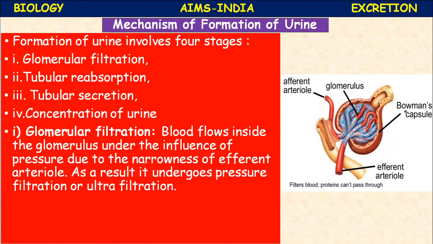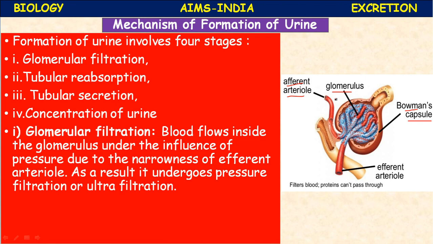So in the Bowman's capsule, the network of capillaries formed by arteriole, that called efferent arteriole will form the capillary network inside this Bowman's capsule, which is called glomerulus. Okay. So the blood flows from renal artery to the glomerulus through afferent arteriole.